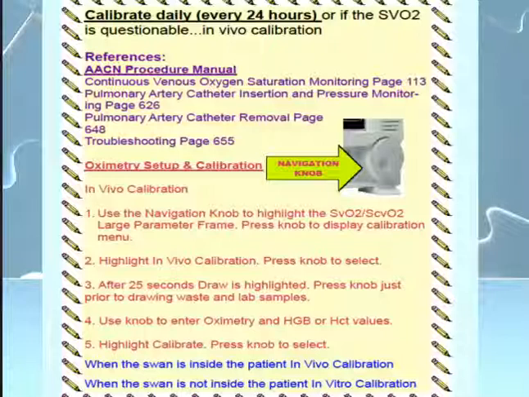Usually if it's an open heart patient though, they are calibrated in the OR, so you won't need one till the next day. But again, the AACN guidelines are that the SpO2 Swan is calibrated every 24 hours.